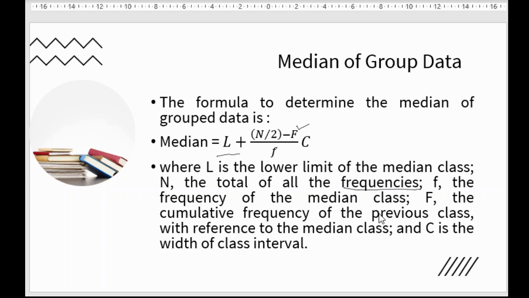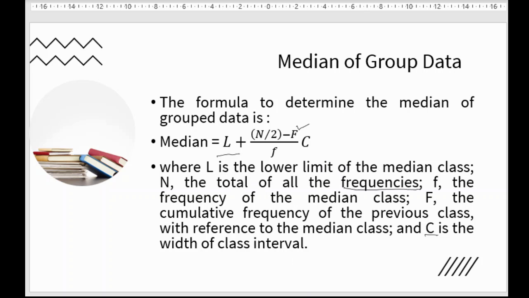Small f is the frequency of the median class, and capital F is the cumulative frequency of the previous class. All these things may be difficult at this point, but it will be very easy. You will understand easily when I solve one question. And c is the width of the class interval.